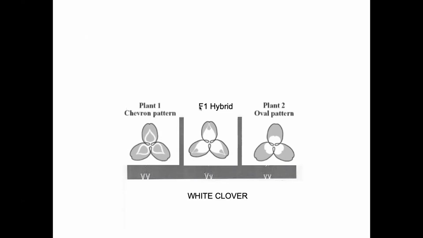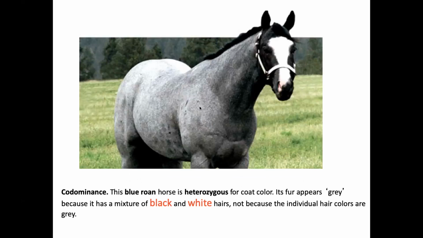It depends on how the phenotype is expressed in the hybrid material as to whether you decide that you have a codominant allelic relationship or an incomplete or partially dominant allelic relationship. Sometimes it's confusing, and I'll give you an example of that. Even in genetics textbooks, they confuse this sometimes.